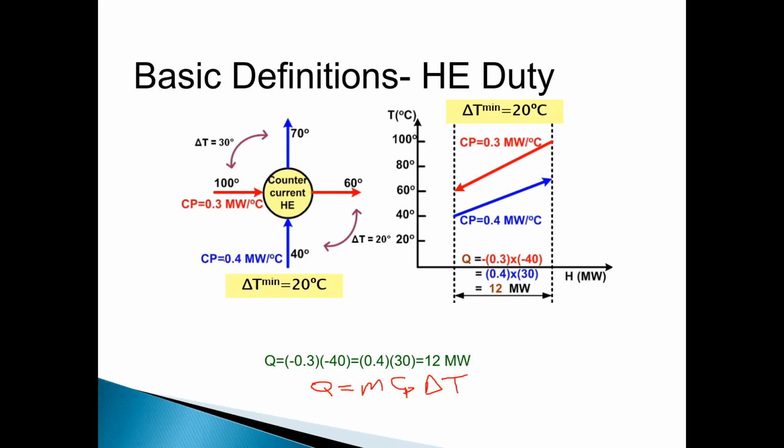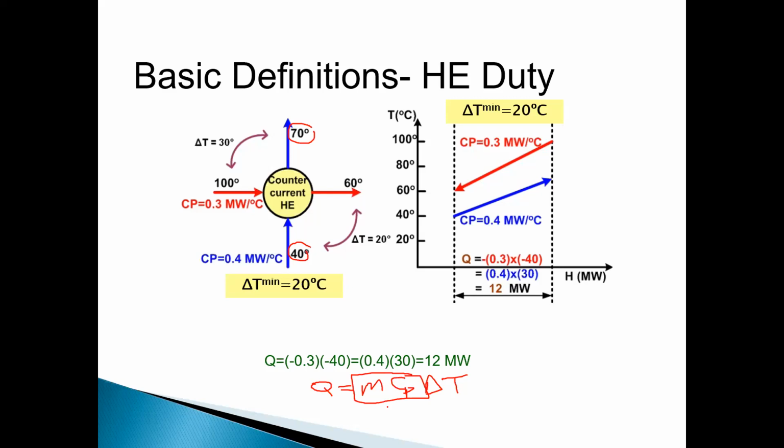So for this cold stream, for example, it enters at 40 and exits at 70, so delta T is 30. And MCP here is the mass flow rate of that stream times the heat capacity.